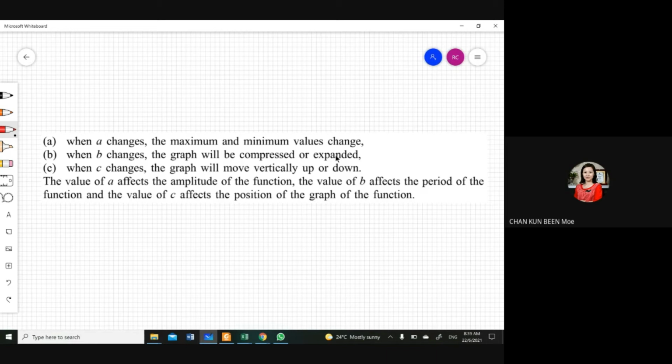When it is expanded, the number of periods decreases. When C changes, the graph will move vertically up or down. So the value of A affects the amplitude of the function. When the amplitude is increasing, the maximum value will increase. The value of B affects the period of the function, and the value of C affects the position of the graph of the function.